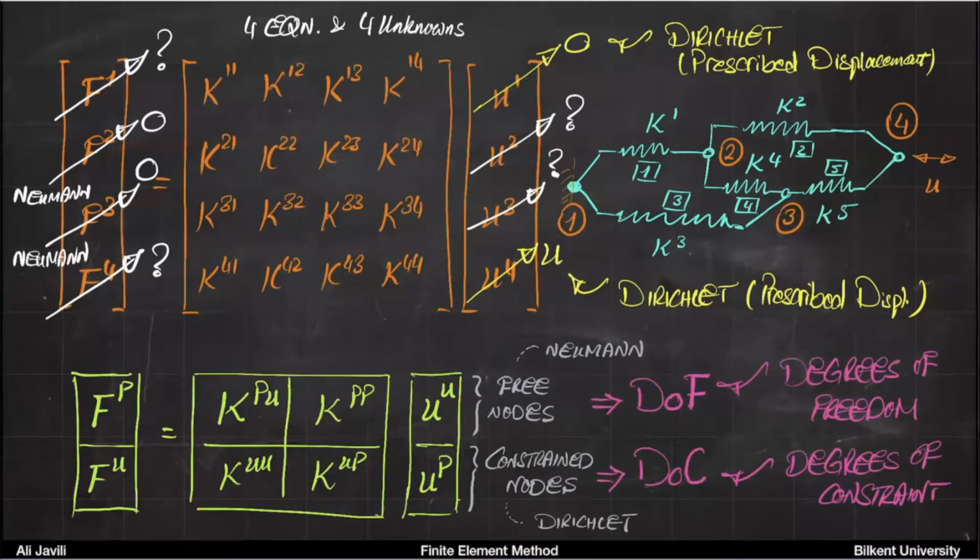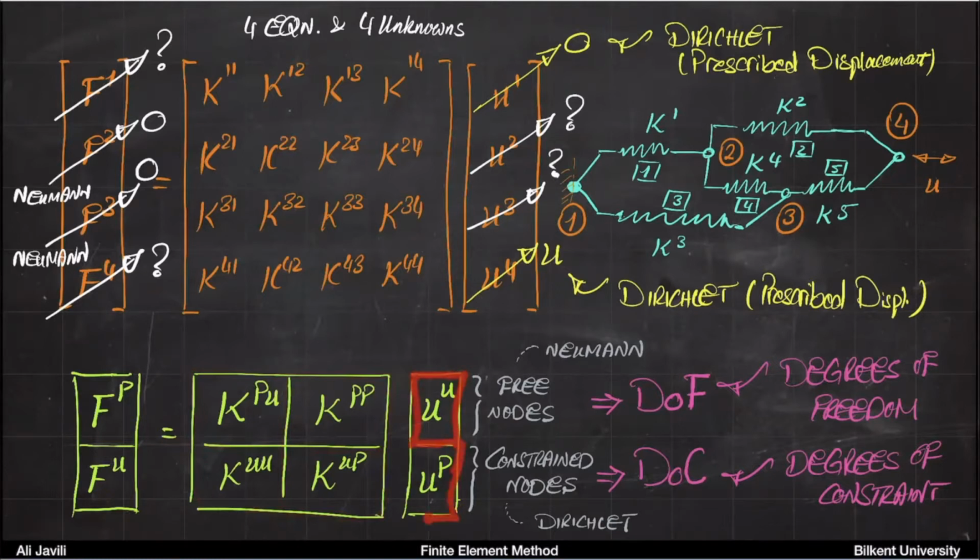So the idea of what we call static condensation is to sort them and then solve using the reduced system. So the idea is to split that system to something like this, so that all of the nodes for which you don't know the displacement come on top.